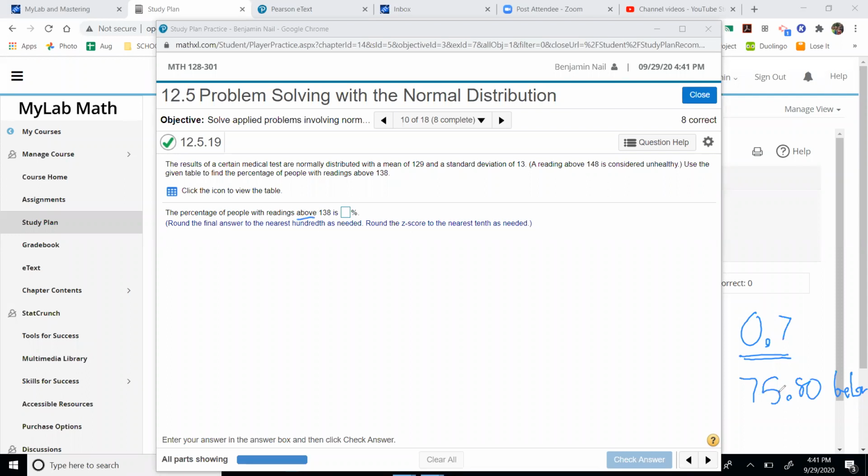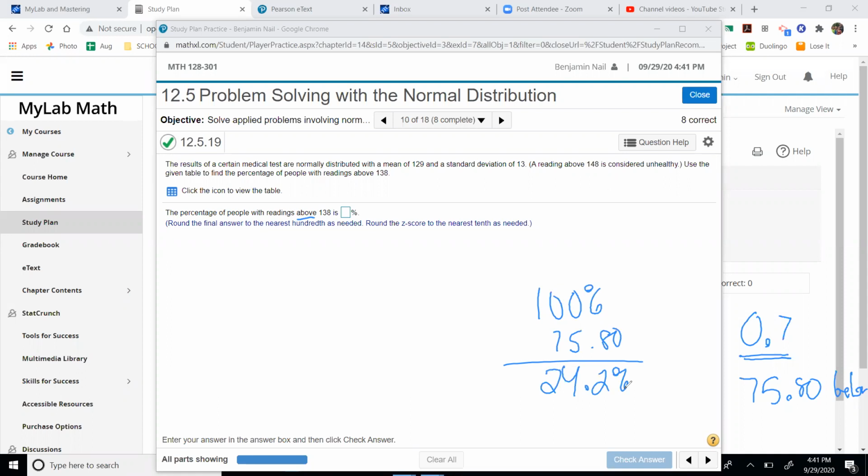So if 75.8 is the percent below, then remember we need to subtract from our 100% total. So 100 minus 75.80 gives us 24.2%. That would be above.